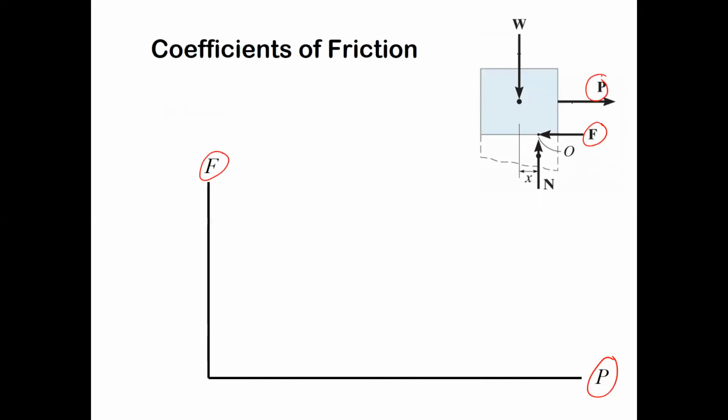The idea being that as you start increasing the force to the right, the P load, the friction force matches that perfectly to keep the box in equilibrium. So the friction force follows that. It's a 45-degree angle, F equals P in this region, and it just tracks it all the way up. So if you're applying, say, 10 pounds of force on this box and it's not moving, that means the friction force is also 10 pounds opposing that motion.